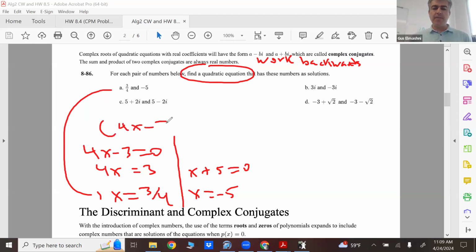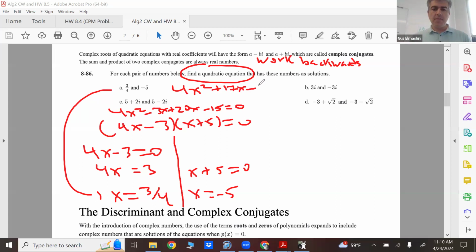Then I do this, right? Then I do this. And then finally I do this. Okay.